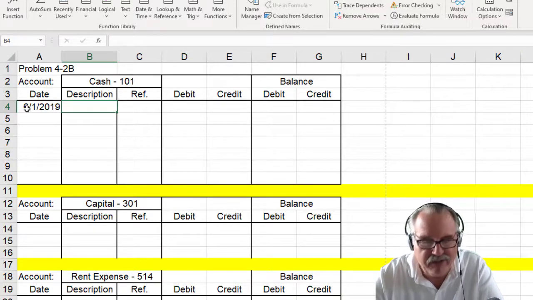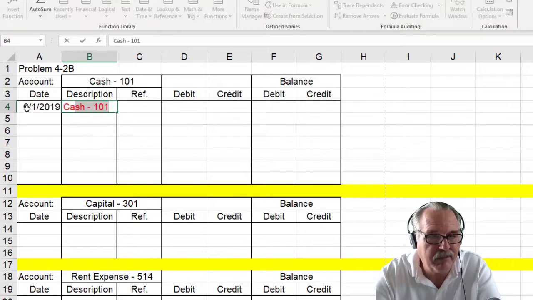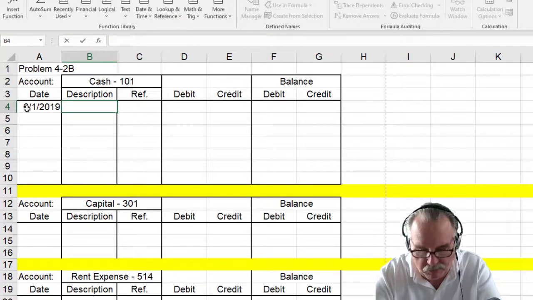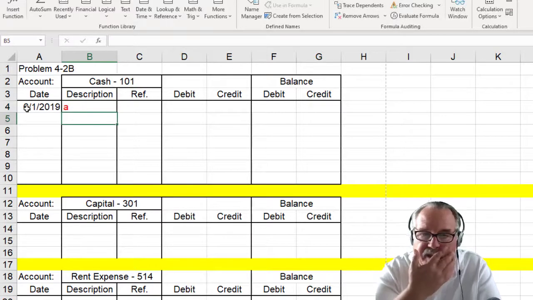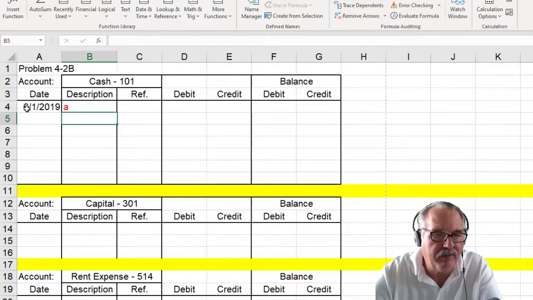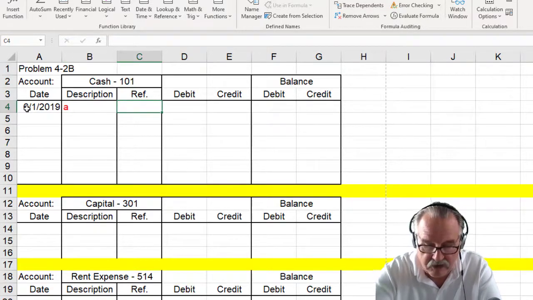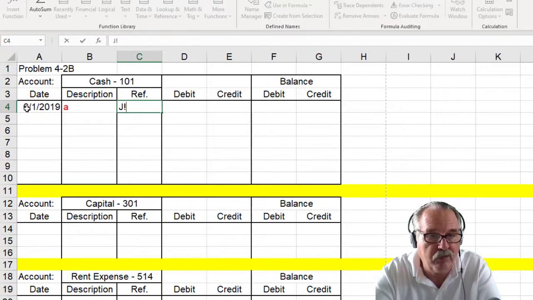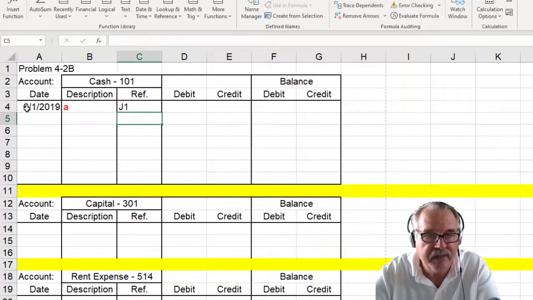Actually, we probably wouldn't even have a description. What we'll do is label the reference, the letter that I attached to it. And this is in journal page 1, so we'll put J1 in there.